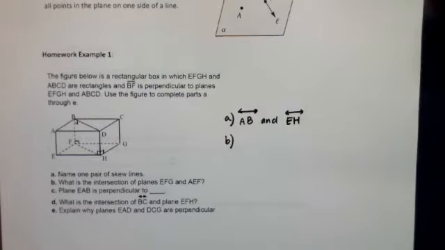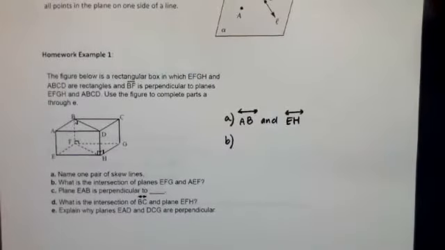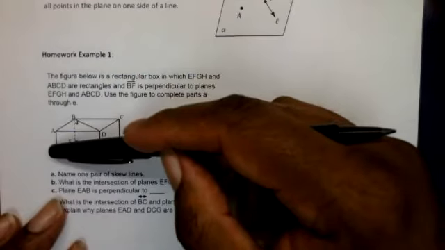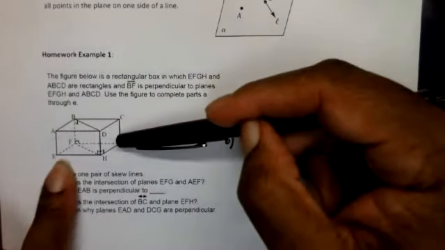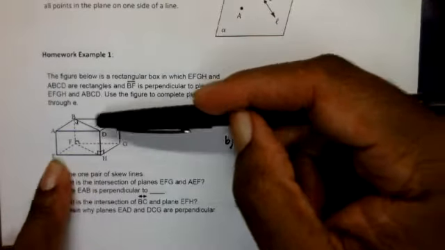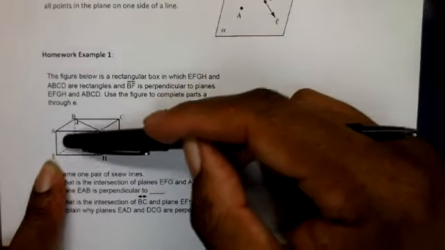Now part B, what is the intersection of the planes EFG and AEF? Well, here's EFG. That's this plane at the bottom. And AEF would be this plane on the far left here.